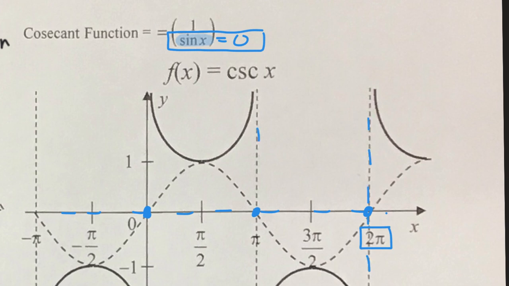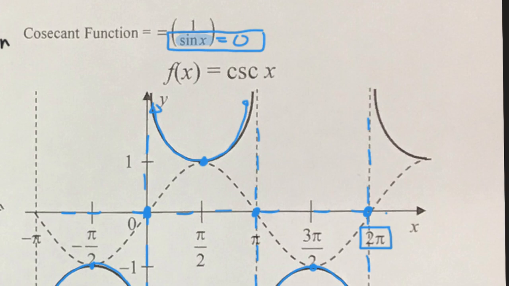Your asymptote for cosecant is everywhere that sine crosses the x-axis, or sine has a 0. And then also, wherever sine has a max, we have an upward facing graph. And wherever sine has a minimum, we have a downward facing graph. Okay, always that parabolic shape. These aren't really parabolas, but they have that parabolic shape to them.